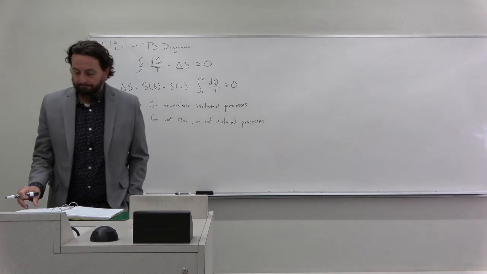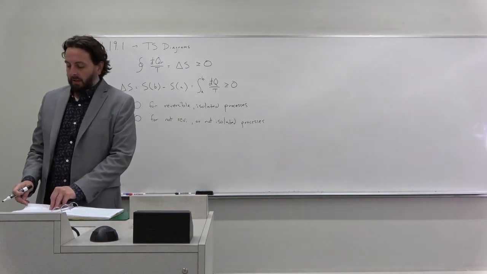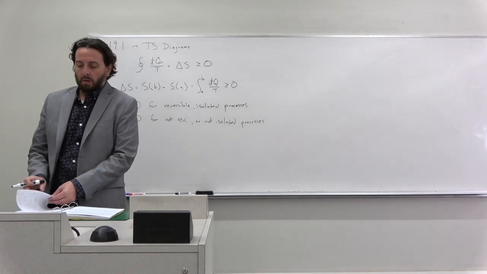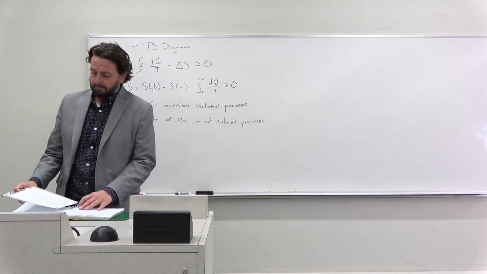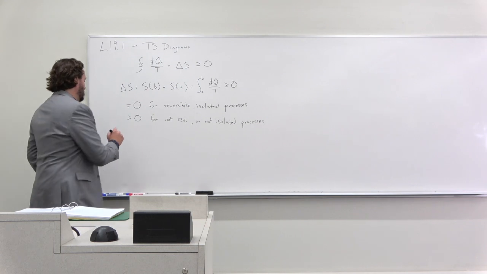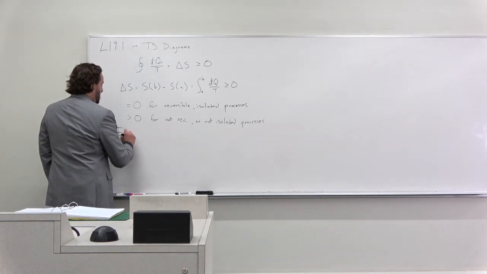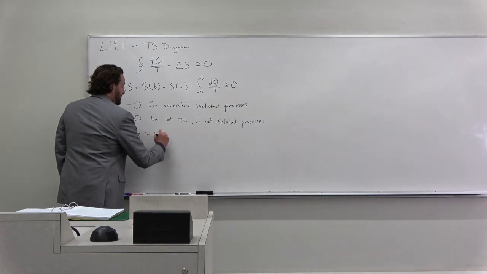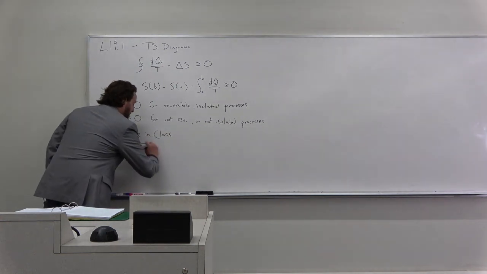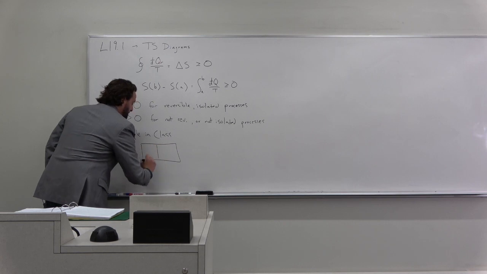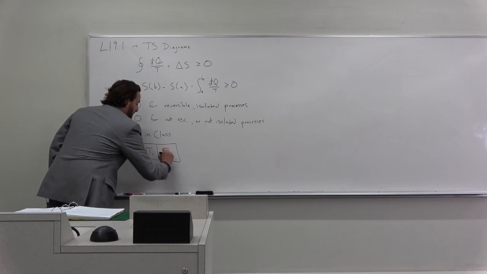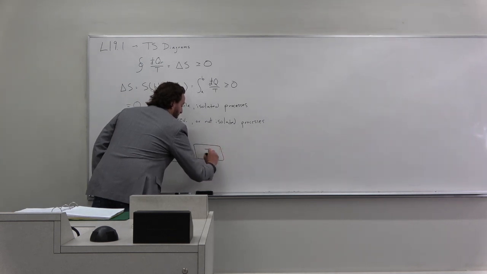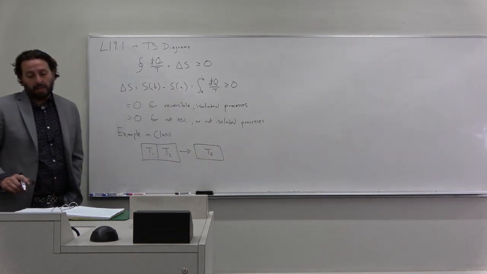Okay, so we're going to start class number 19 with an example. The example is the following: we're going to have two objects at T1 and T2, and we're going to ask, when we put them in thermal equilibrium, what happens?